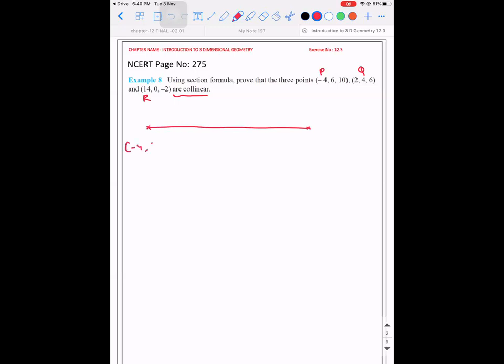If I take this point as -4, 6, and 10, this is 14, 0, and -2, and this point is 2, 4, 6. They want us to use section formula and prove that these 3 points are collinear.